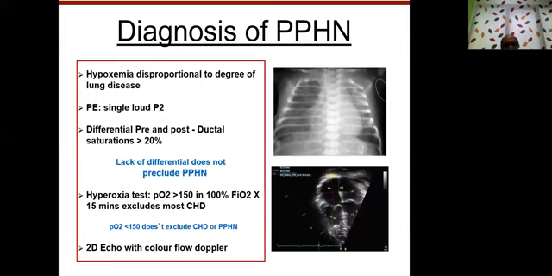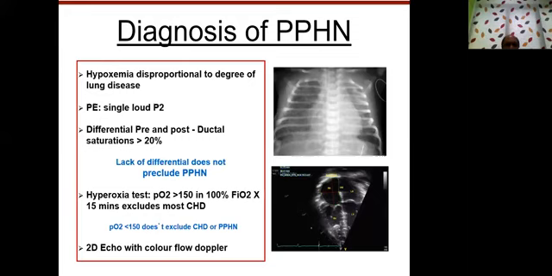Nowadays, because of easy availability of bedside echocardiography, most neonatologists are trying to look for pulmonary hypertension. In centers where there is no echocardiography, you can do a blood test: an arterial gas, preferably from the right radial artery, and see what the PaO2 is.